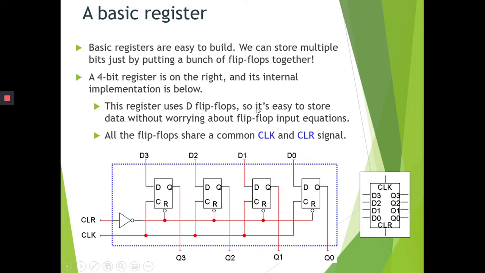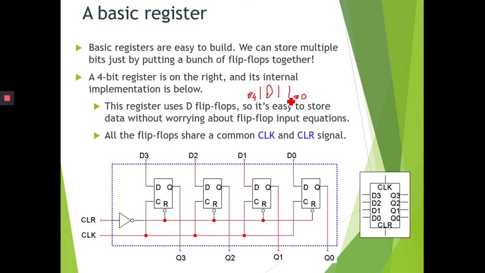So let's say for example you have a 4-bit number 1 0 1 1. This is your bit 0, and this is your bit 3.